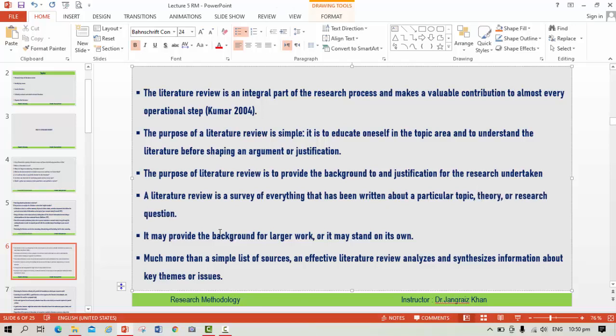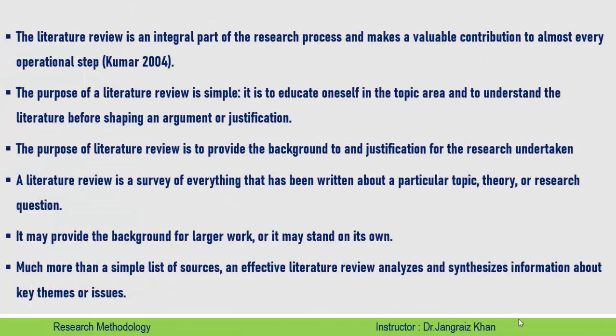It gives you the complete information about the topic, about its purpose, about the material which is needed for that topic. It may provide the background for a larger work or it may stand on its own.